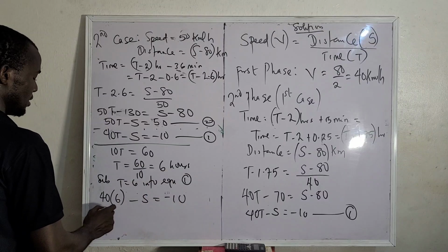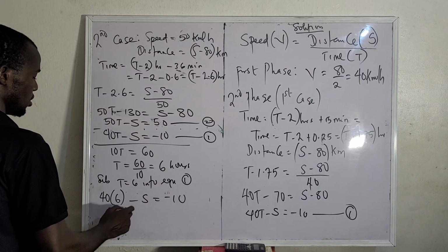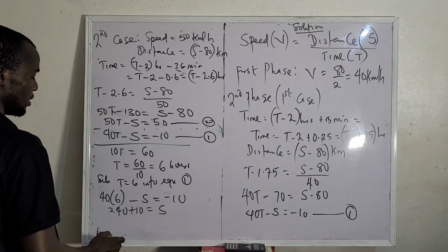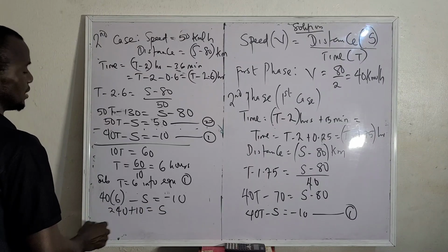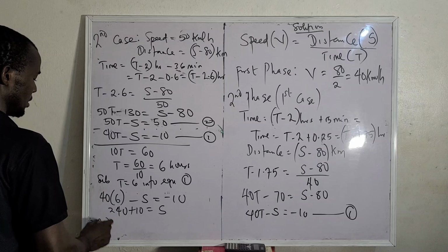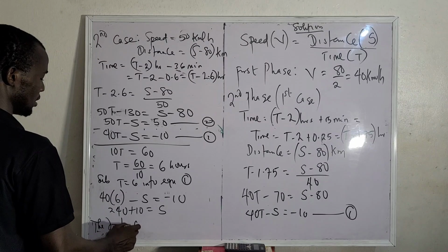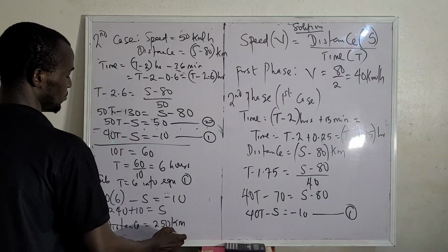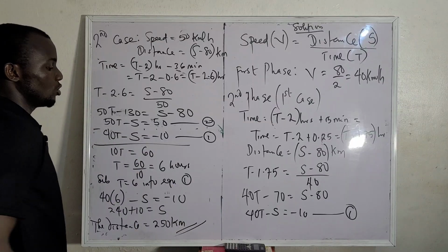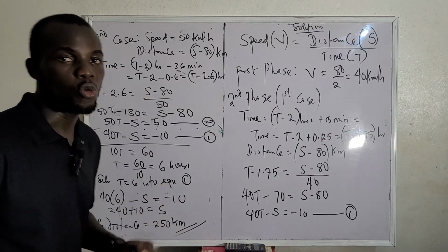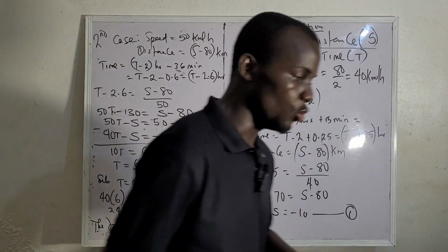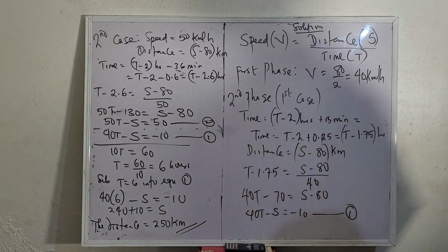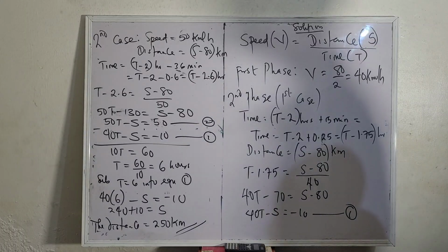This goes like this: 240 plus 10, and that is x. All right. So the distance between the two communities will be 250 kilometers. So the answer is 250 kilometers. That is the final answer for that question.